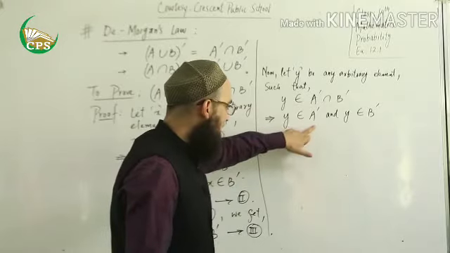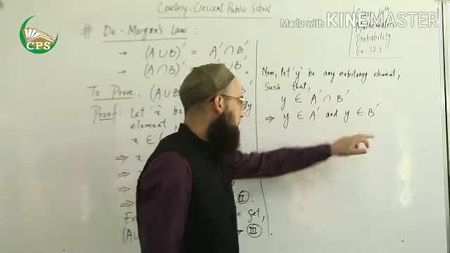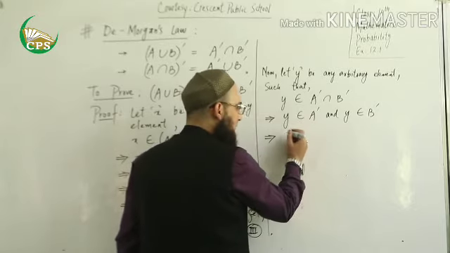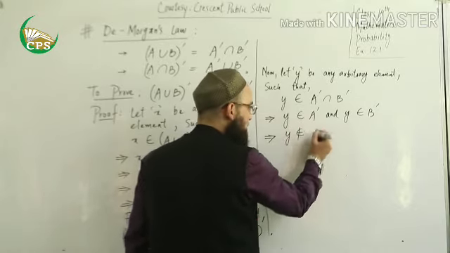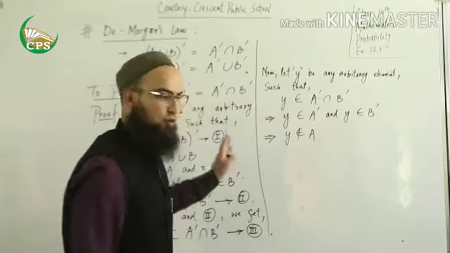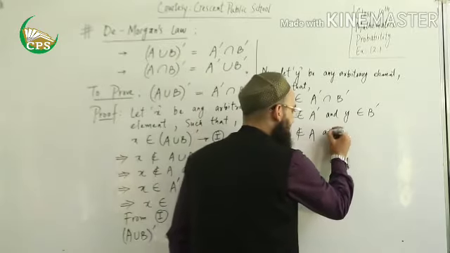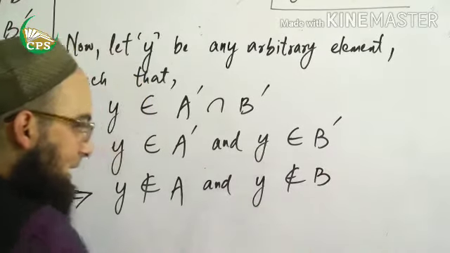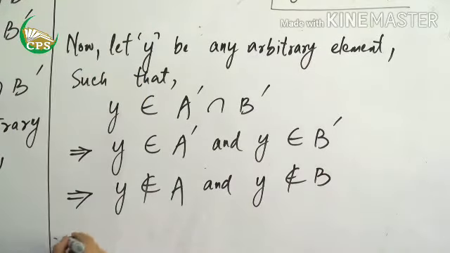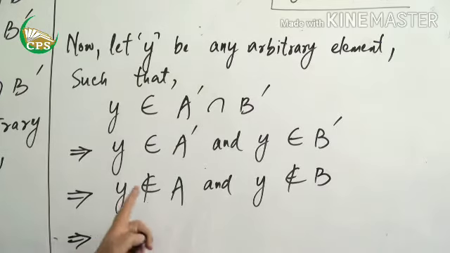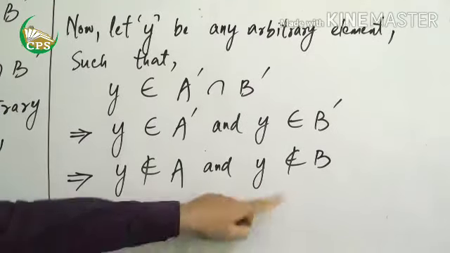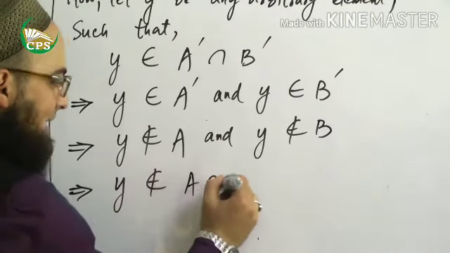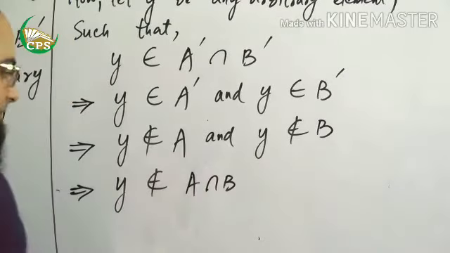So Y belongs to A complement and Y belongs to B complement, which implies that if Y belongs to A complement, it does not belong to A. I just told you this. And Y belongs to B complement, that means it does not belong to B. Okay. Now if Y does not belong to A and does not belong to B, that means it does not belong to A intersection B either.